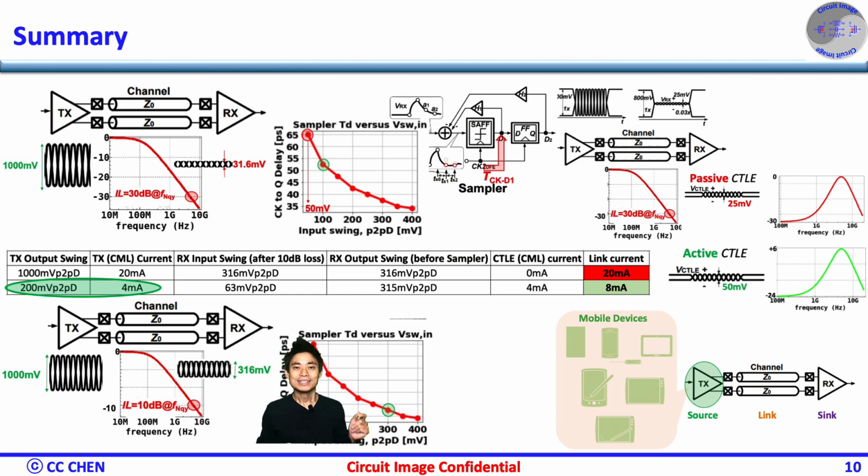On the other hand, if the channel loss is low enough, like 10 dB at the Nyquist rate, it's not necessary to burn lots of power at the TX driver due to its low output impedance.